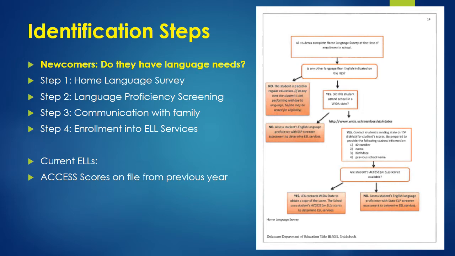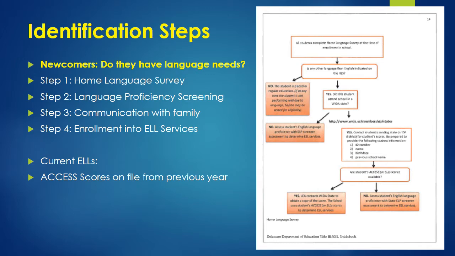So the next step would be the language proficiency screening. Once the results of that screening are determined, and it is determined that the student does need support for English language development, then the third step is communicating with the family. The family does need to know that services are available and that they have options about how to take advantage of those services.